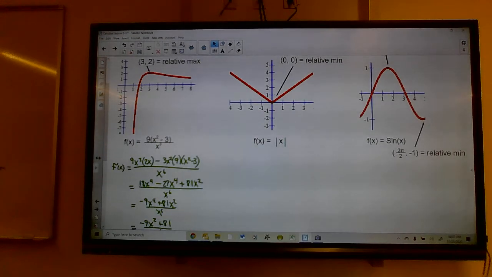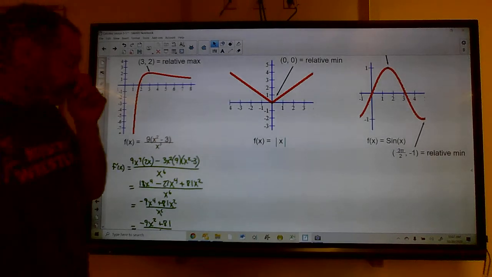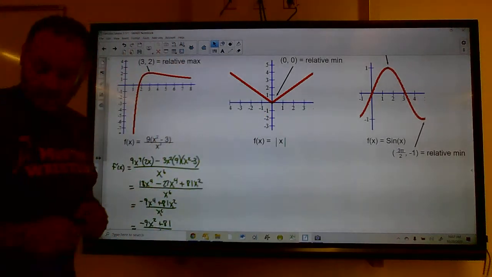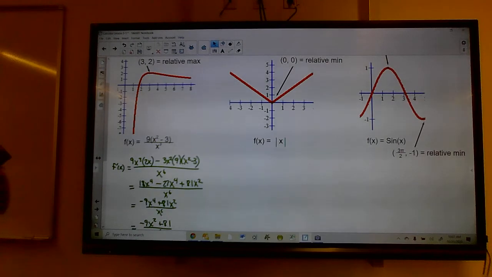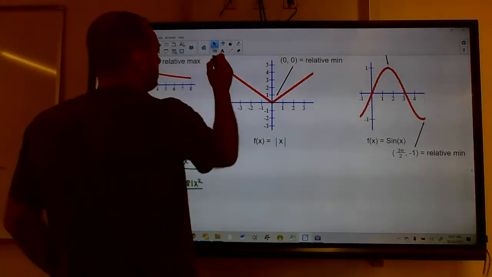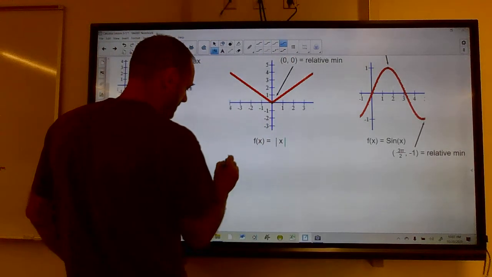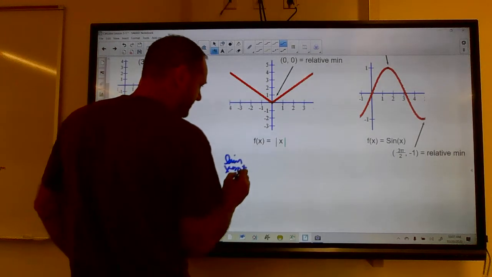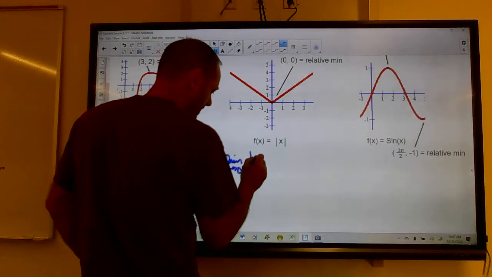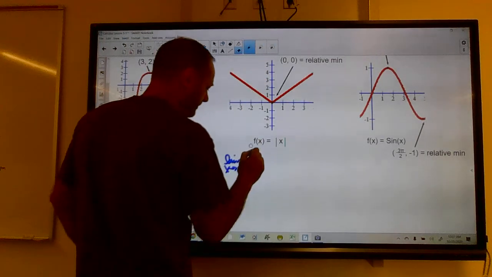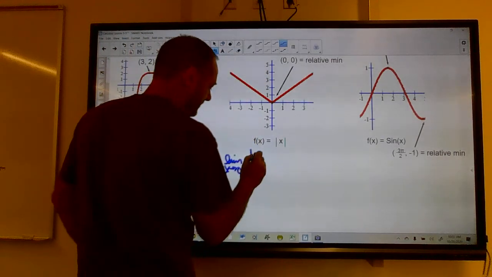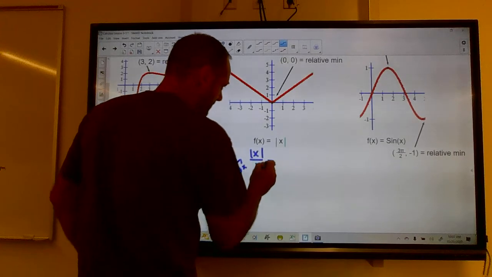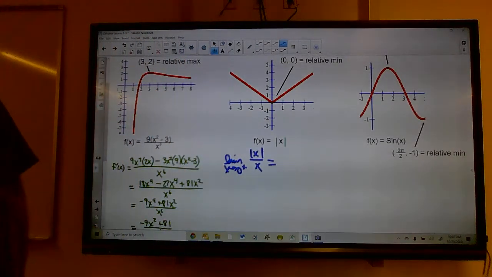So this is not differentiable here at 0. So we're going to have to look at this as the limit as x goes to 0 from the positive side of absolute value of x over x.